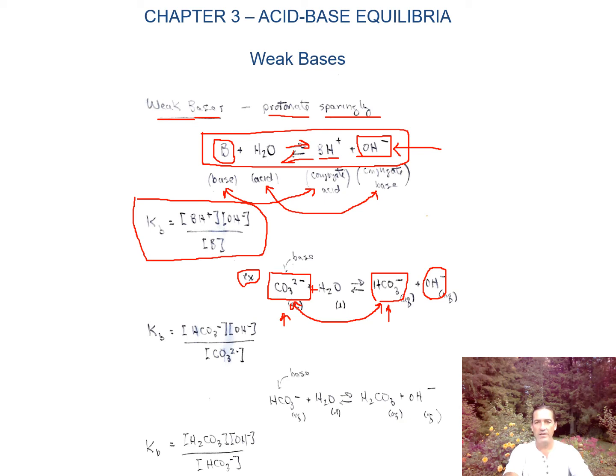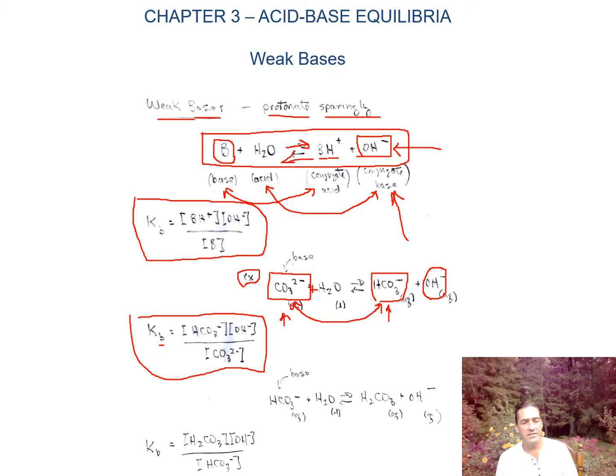So it's following this template up here where B is carbonate, CO3 2 minus, and BH plus is bicarbonate. So we can write the equilibrium expression for the protonation of the base. That's what the B stands for, that this is an equilibrium constant for the protonation of a weak base.